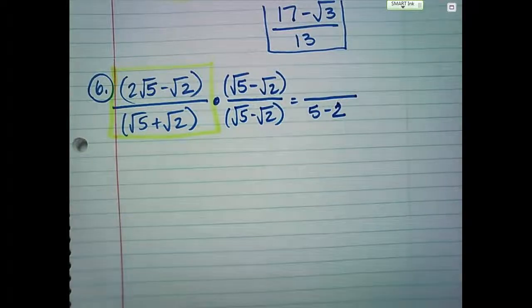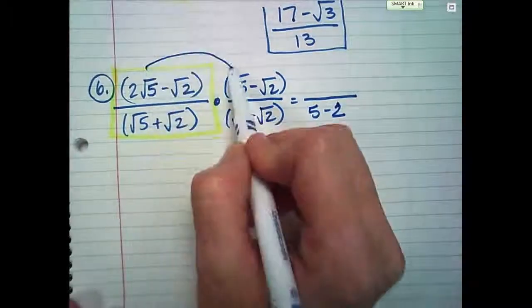The denominator is 5 minus 2. And FOIL the top.